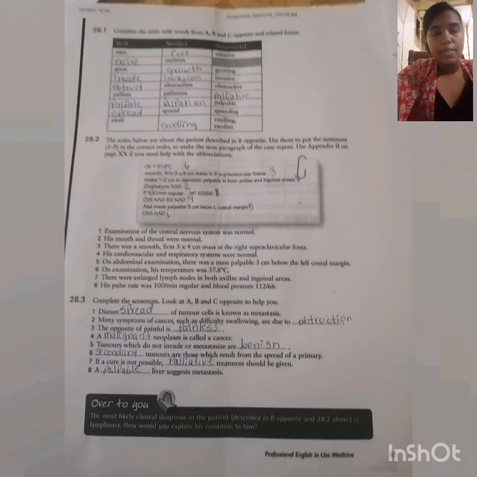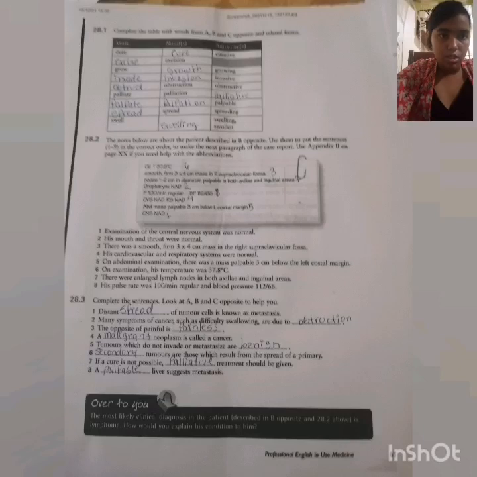28.1 Complete the table with words from A, B, and C opposite. English for verb, noun, and adjective. Cure, cure, curative. Excite, excitation. Grow, growth, growing. Invade, invasion, invasive.